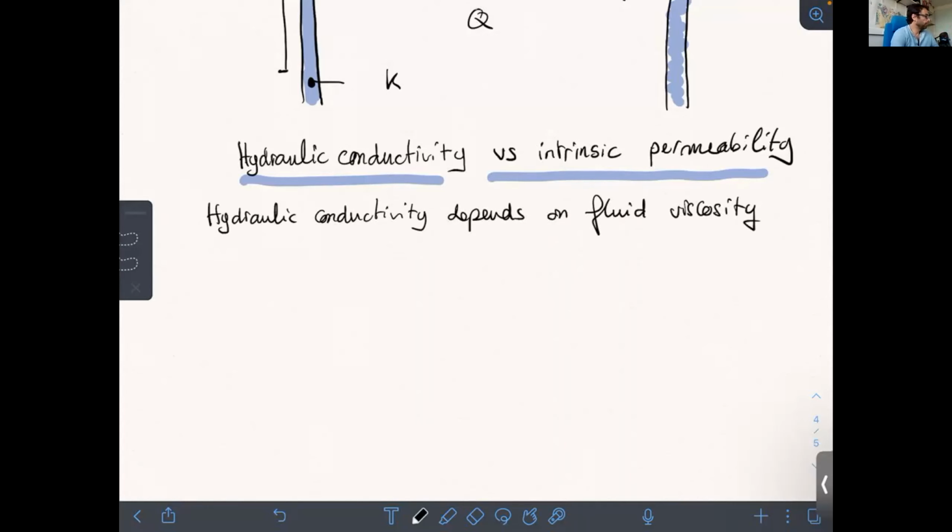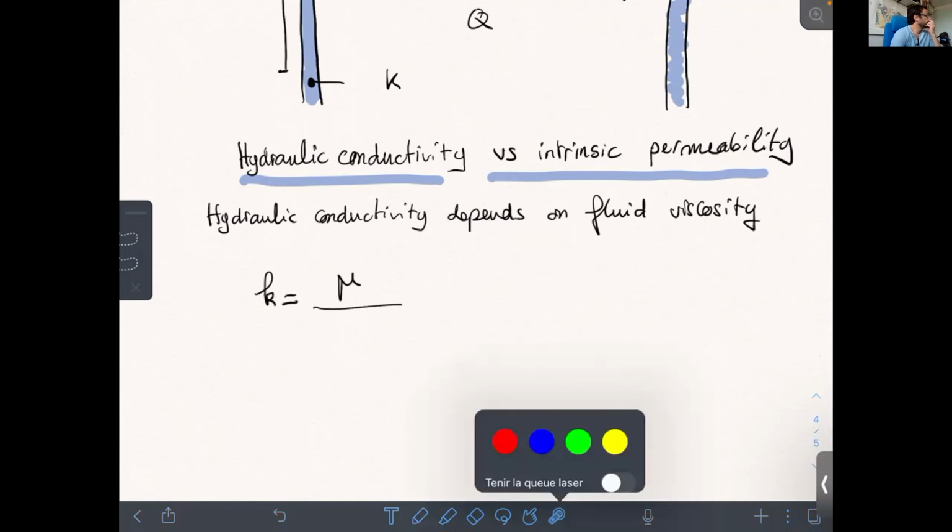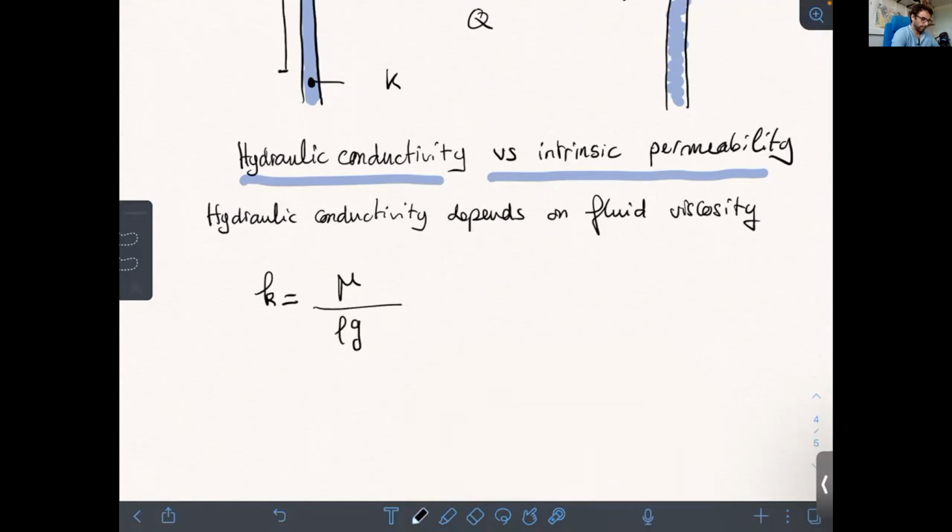And so to define a parameter independent of viscosity, the intrinsic permeability was defined like this. Little k is the viscosity divided by rho g, so same rho g as before, times the hydraulic conductivity.